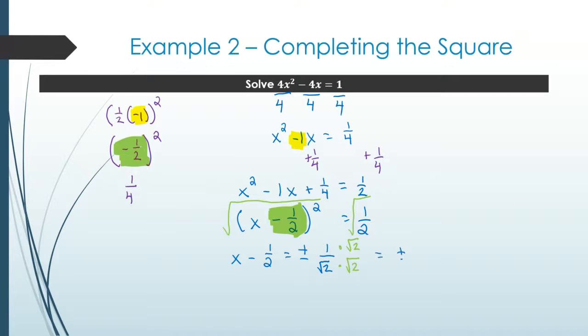And so that would give me plus or minus. So I still have that plus or minus. And then I have the square root of 2. And then the square root of 2 times the square root of 2 is the square root of 4, which is 2. So it basically cancels out the square roots. And now I have something that I can work with. So now I have x minus 1/2 equals plus or minus the square root of 2 over 2.